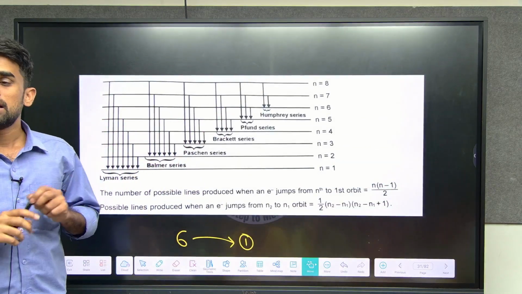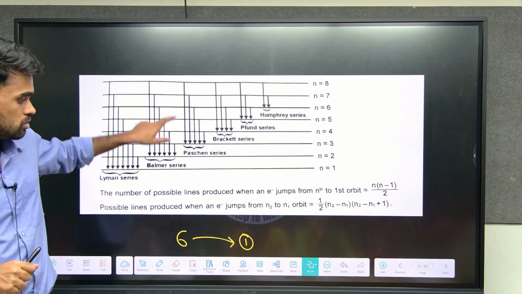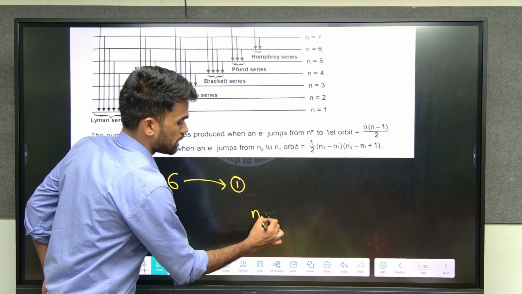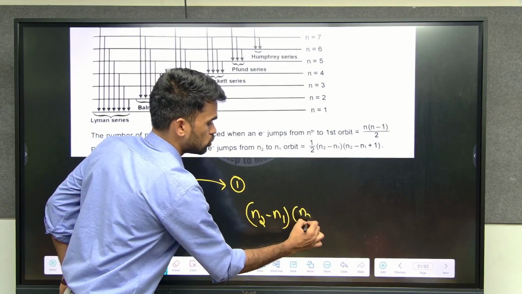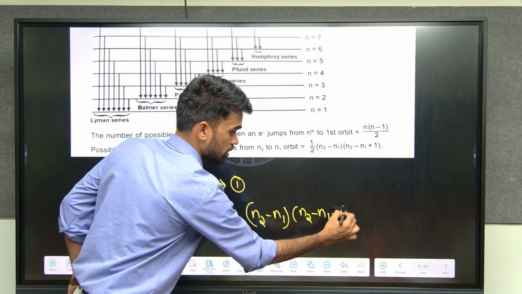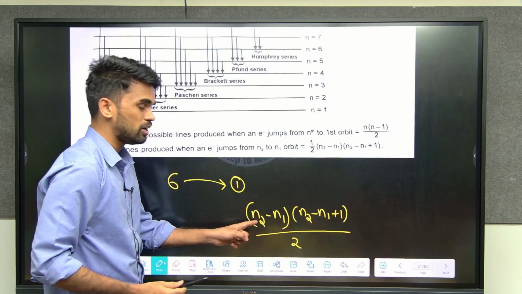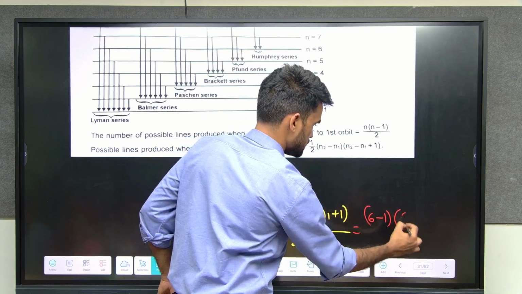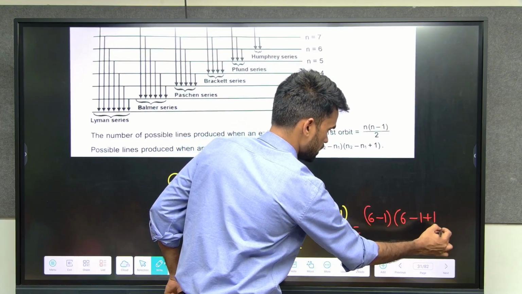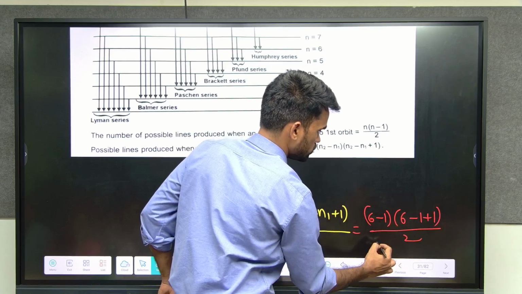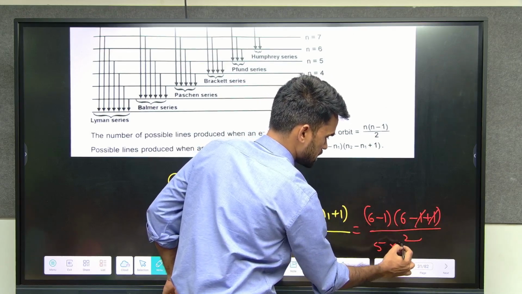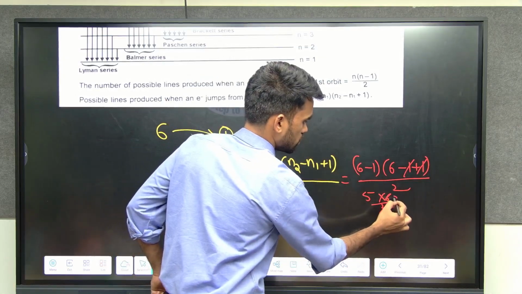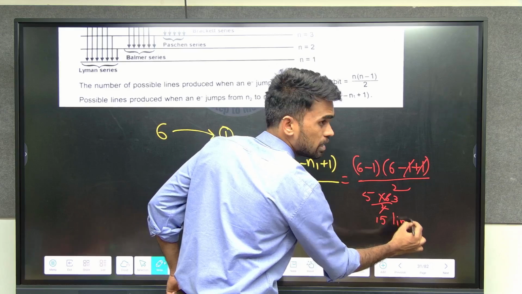What is the formula I gave you? (N2 minus N1) into (N2 minus N1 plus 1) by 2. So what is N2? Bigger number. 6 minus 1 into 6 minus 1 plus 1 by 2. So it is 5, minus 1 plus 1 cancel, 6 by 2. How much? 15 lines. Is this clear?